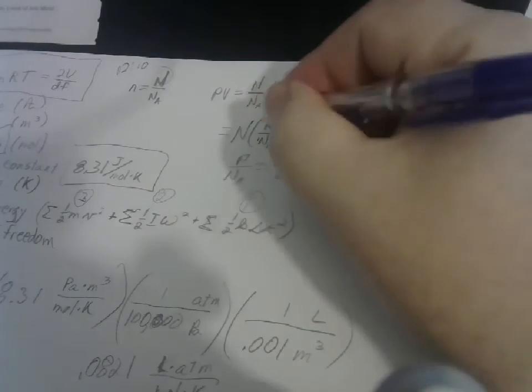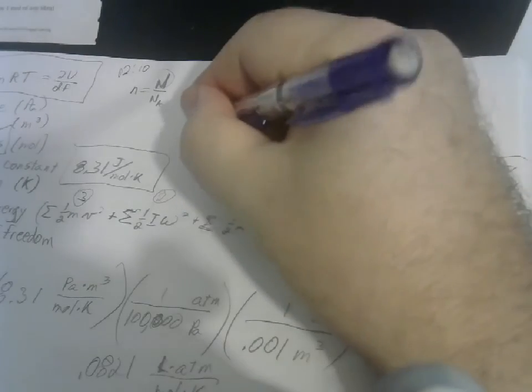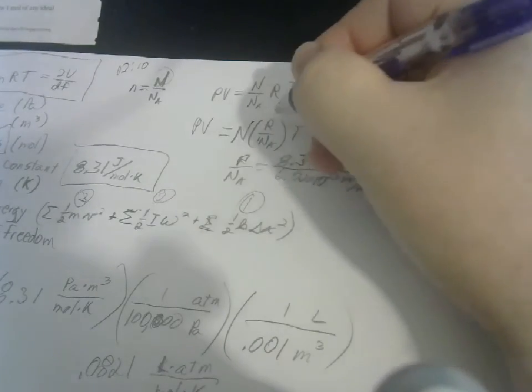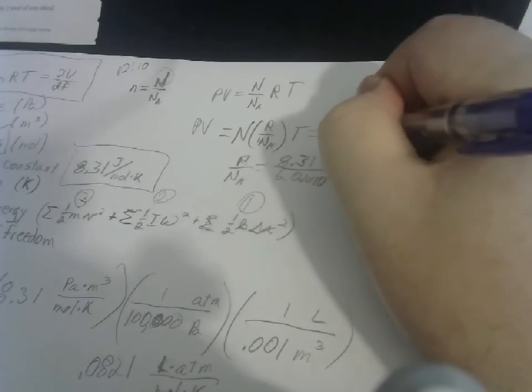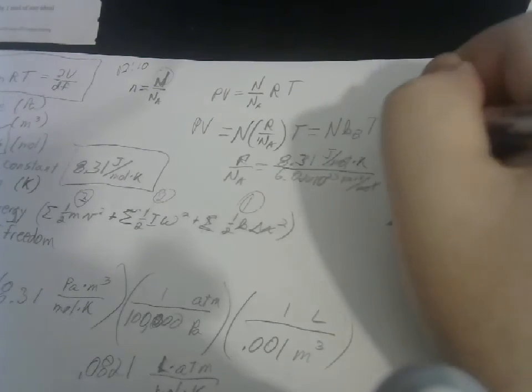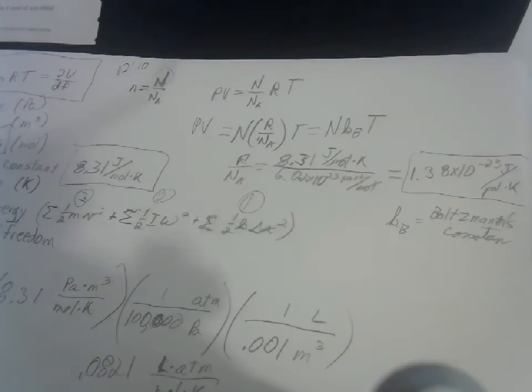So you may sometimes see this PV equals N R over N sub A T written as N K sub B T. So that's another way it gets written, with K sub B being 1.38 times 10 to the negative 23rd.